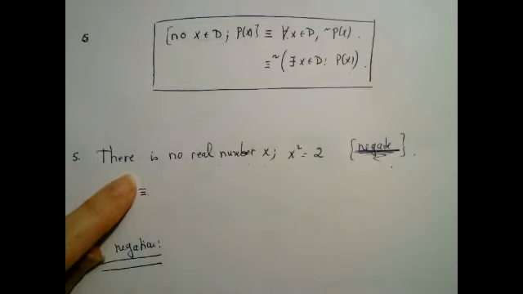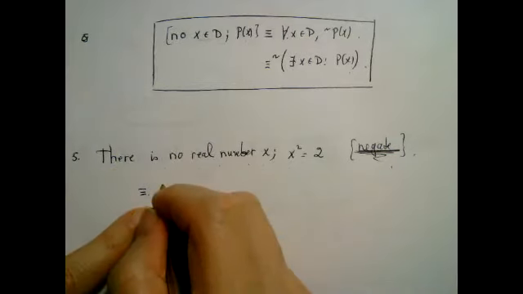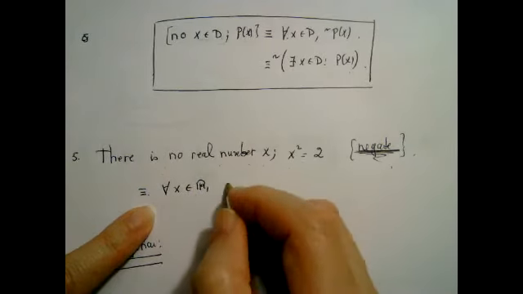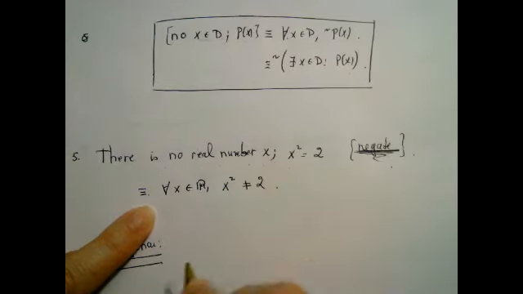What do you understand by this sentence? There is no number such that x squared equals 2. What do you understand by that? Given any x in R, x squared is different from 2.